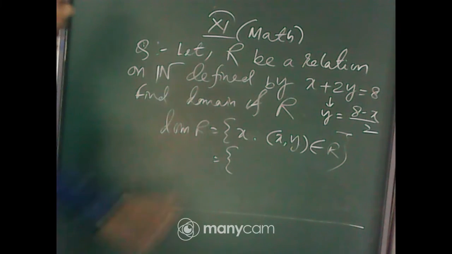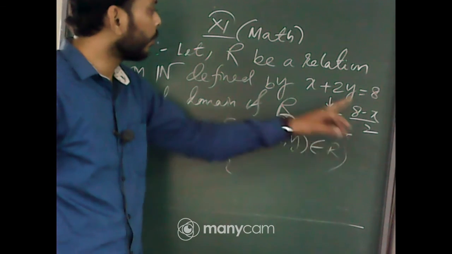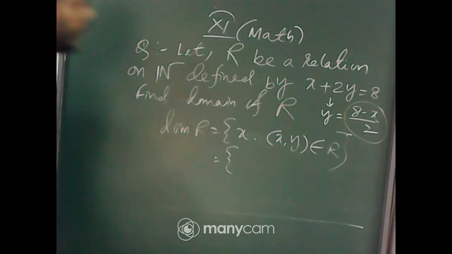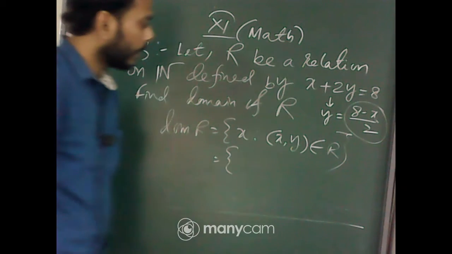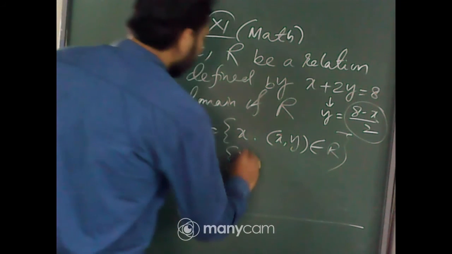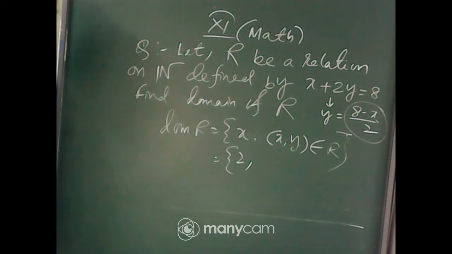So 1 is not in the domain. Whenever you put x equals 2, it will be 8 minus 2 by 2, that means 6 by 2, that means 3. So (2, 3) belongs to the relation. So 2 is in the domain.